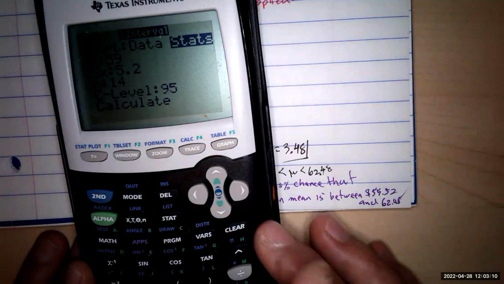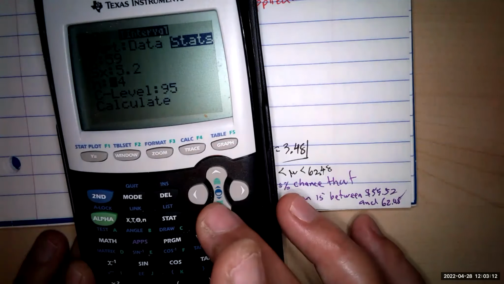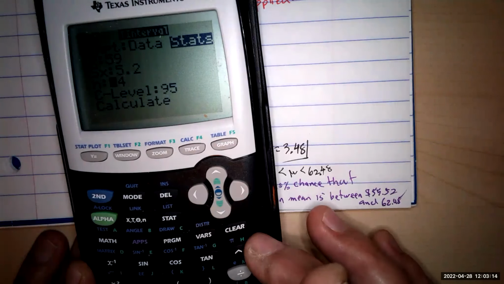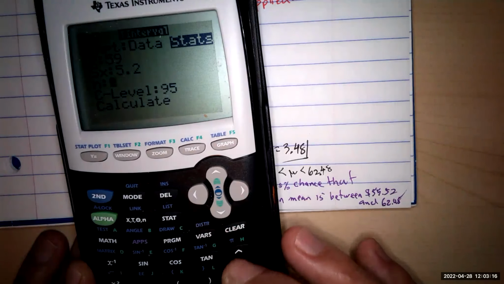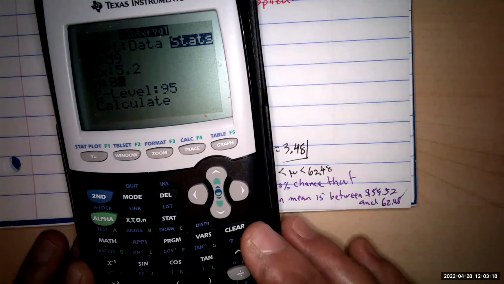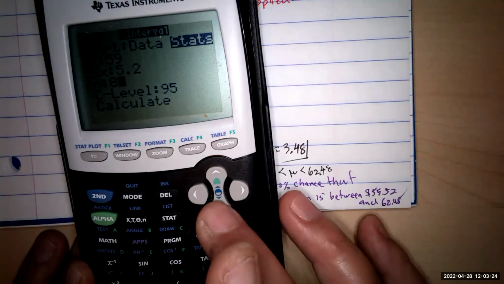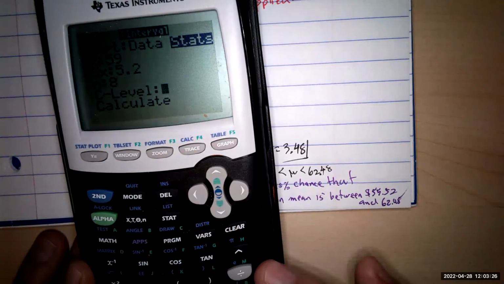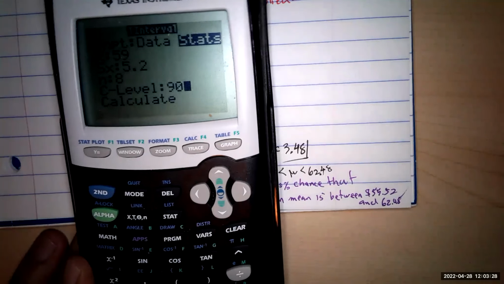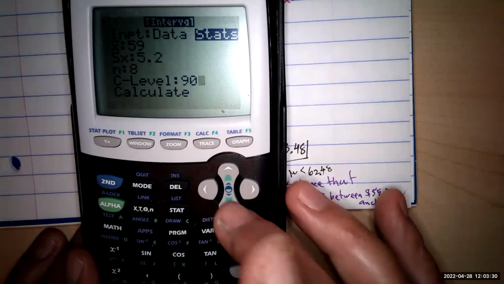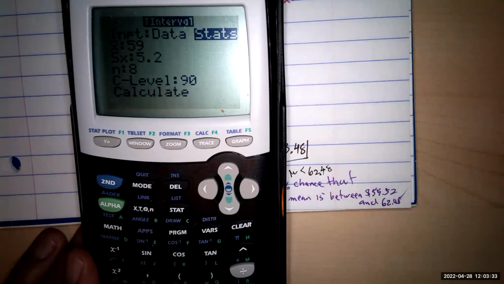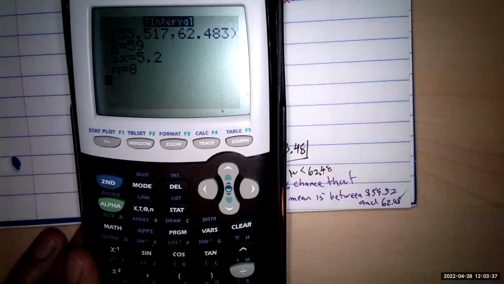Then for the sample, sample is 8. Okay, that is going to be 8 and the confidence level of 90%. Then you go to the calculation, calculate. That's it.